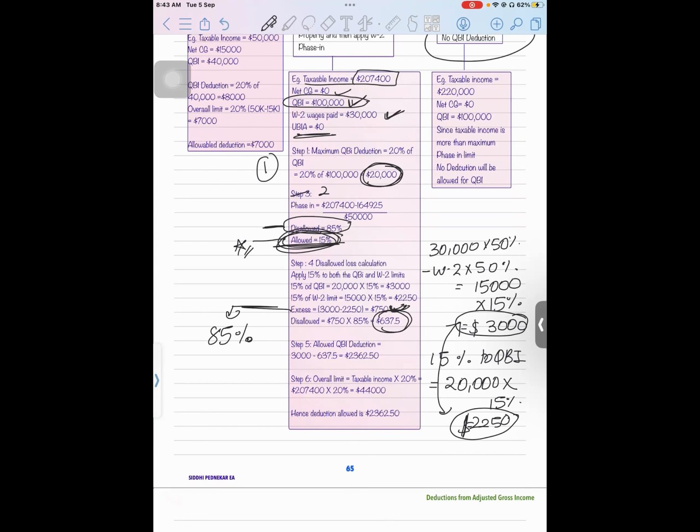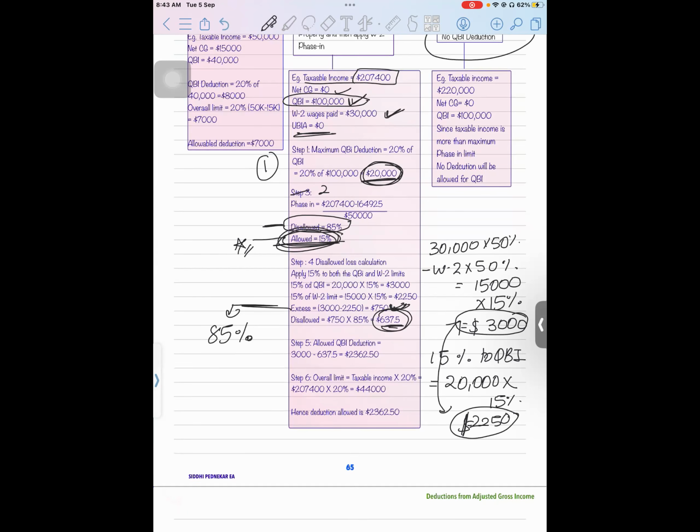So what was your QBI? 20,000. Disallowed 637, right? Okay, this 637 will not be deducted directly from 20,000, but here in the third step only, when you calculated this 20,000 into 15%, right?